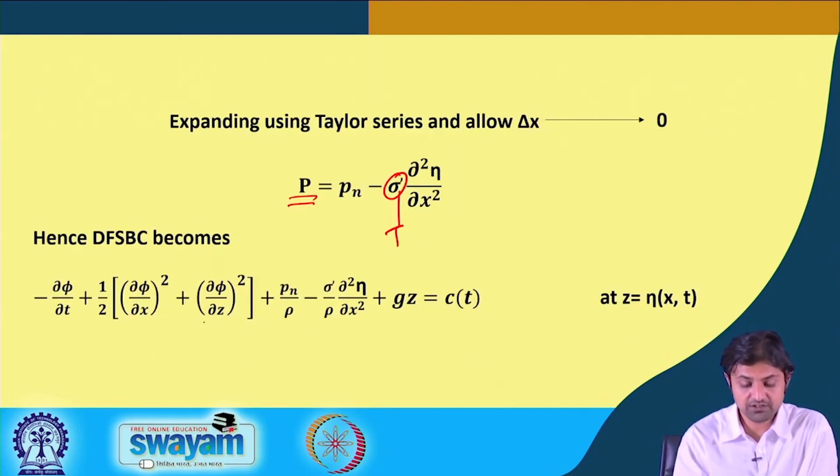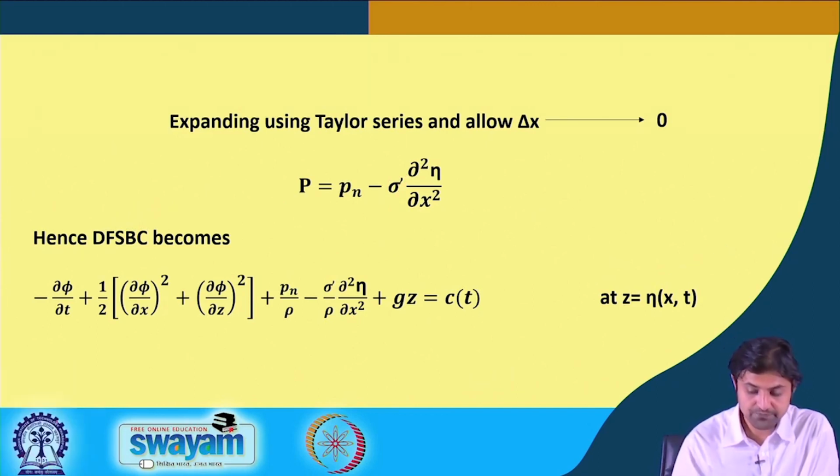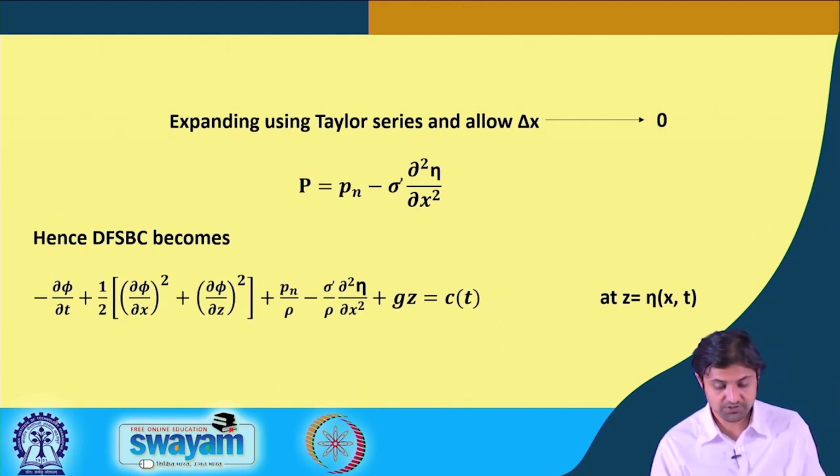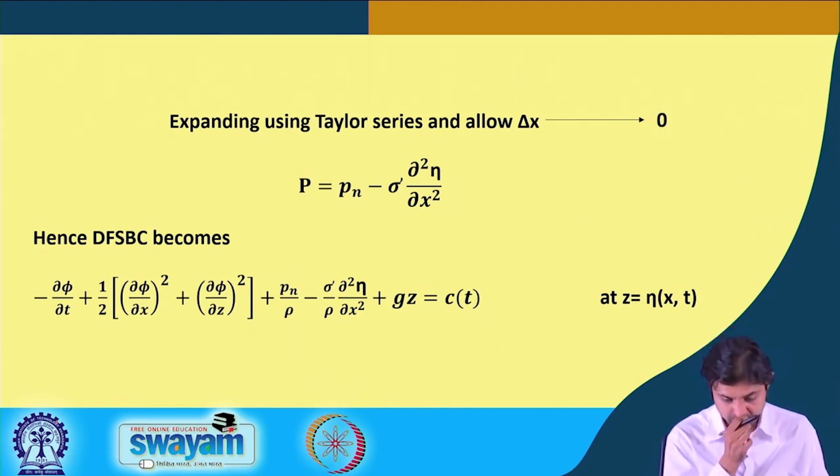So, this is u square, this is v square plus P by rho, so that becomes P n by rho minus sigma dash or T by rho into del square eta by del x square plus g z is equal to C of t. Okay, this was a very simple example. You must have prior knowledge of the surface tension to be able to apply this problem, but this is just a way of showing the dynamic free surface boundary condition.